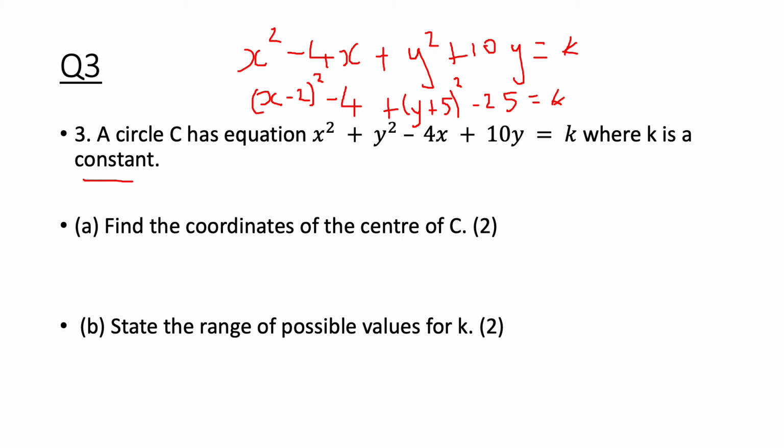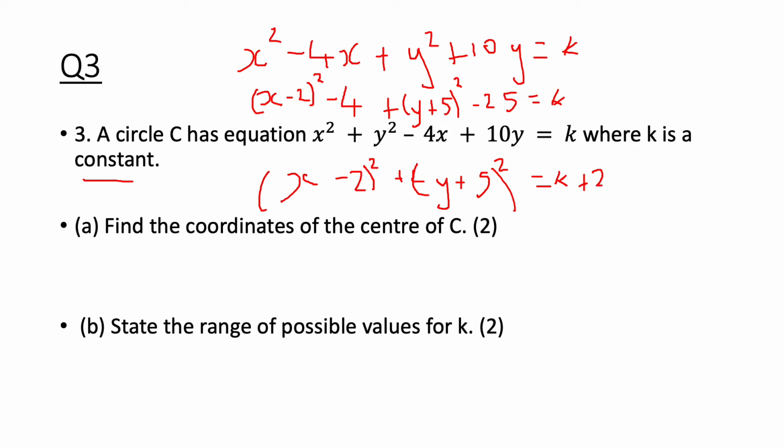Okay, rearranging this, I'm going to get x subtract 2 all squared plus y plus 5 all squared is equal to k plus 29. So bringing the minus 4 and the minus 25 over to the right hand side.